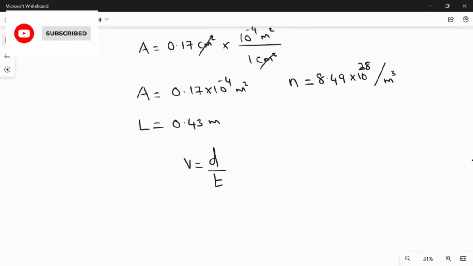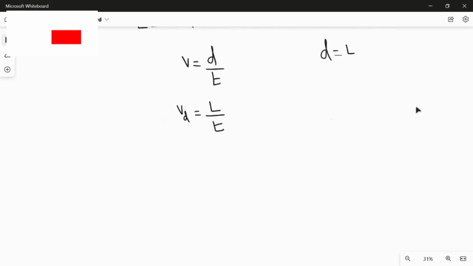We should not write simply v, because this is the speed of the electron. So the drift speed is equal to the distance over time. Here the distance refers to the length of the wire, so in place of distance I'm going to use the letter L divided by time, and I have to rearrange this equation in terms of time because we are going to find the answer for the time.